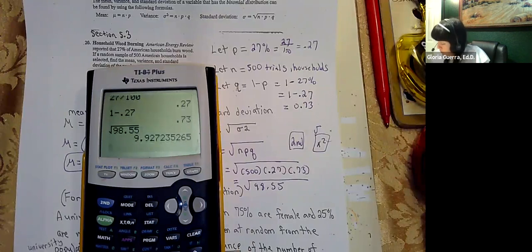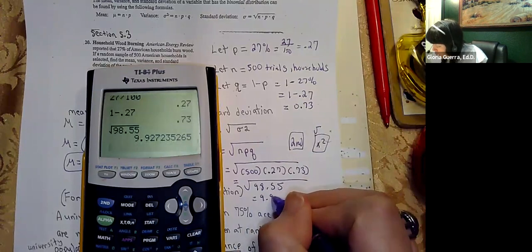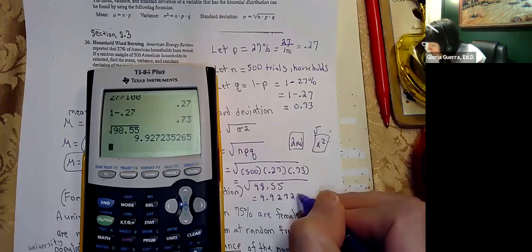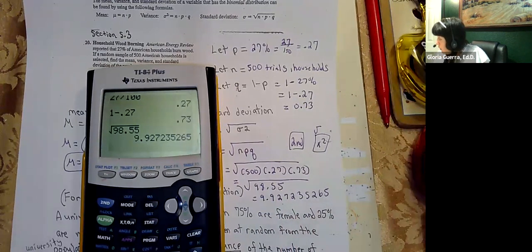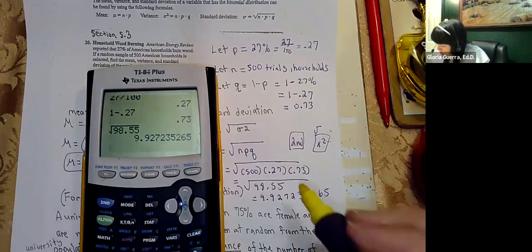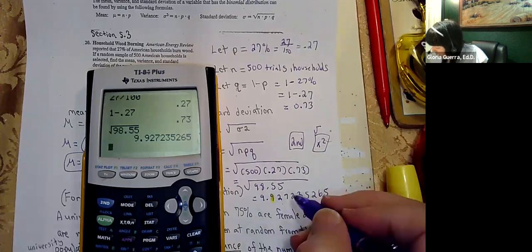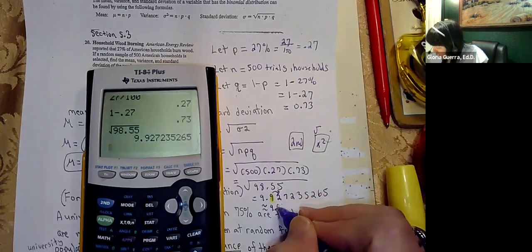That's about 9 point something. 9.927235265. And then when you round that, you look at the number to the right. Is that 5 or more? Nope. So it's about 9.9.